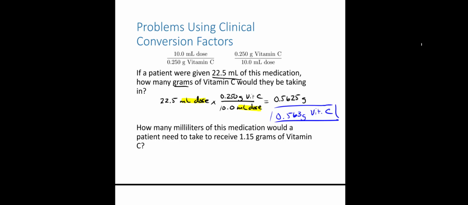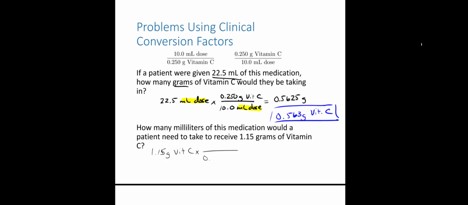Let's try a similar problem. How many milliliters would they need to receive 1.15 grams of vitamin C? Well, so we're going to say 1.15 grams of vitamin C is our given. And now we're going to use the other conversion factor.